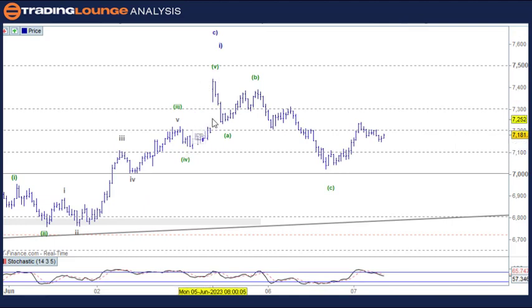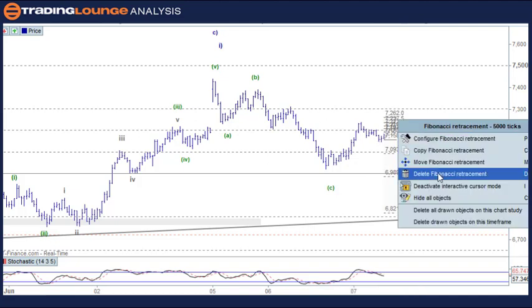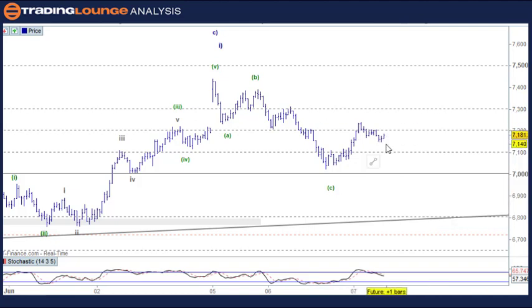I don't like that spike there either, actually, because it would create this top here. But I'm not even worried about that now. So if this here is corrective, then that's going to push up higher. I'm just going to get rid of that. Sorry for that. If that is a wave 4 of some description there, then that's going to push up here.